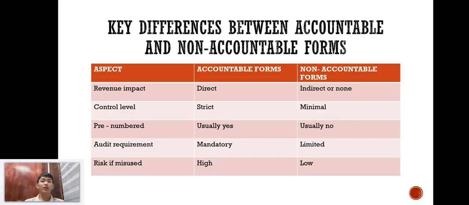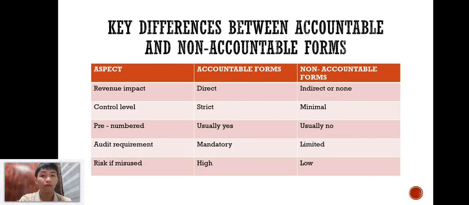Fourth, audit requirements. Accountable forms are subject to mandatory auditing and regular inspection. Auditors examine these forms to verify accuracy, transparency, and proper handling of public funds. Non-accountable forms may only undergo limited review because they are mainly operational documents and do not significantly affect financial reporting. Fifth, risk if misused.